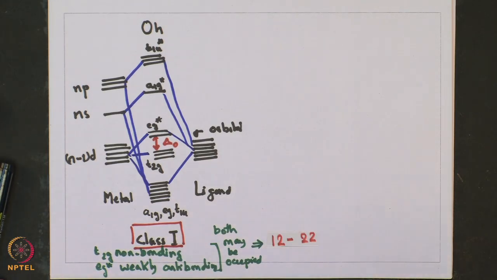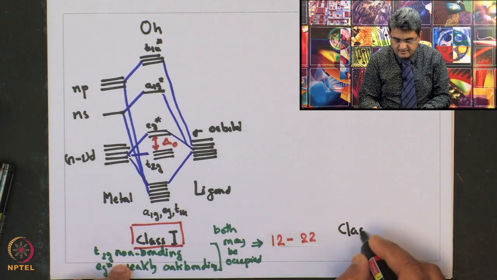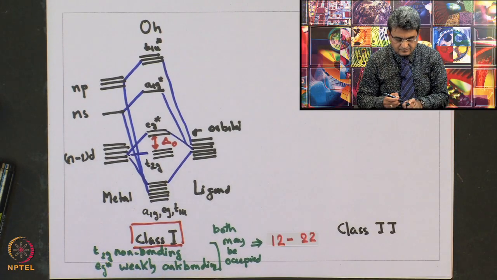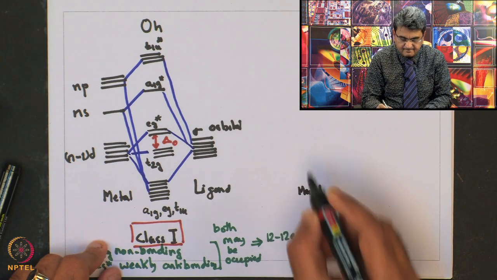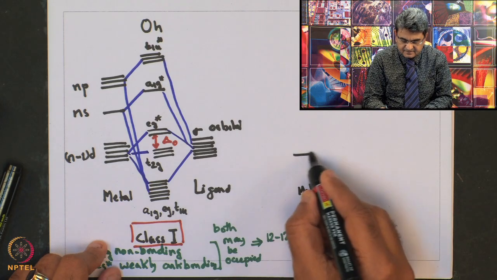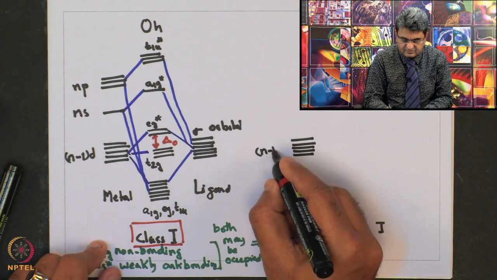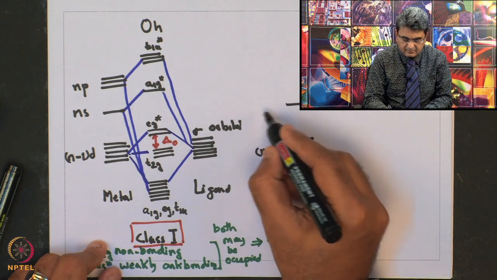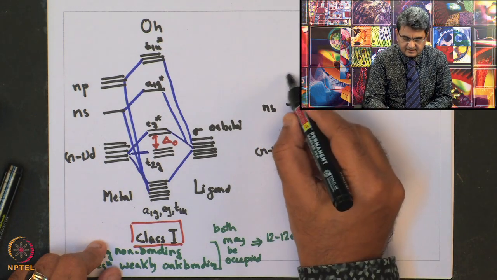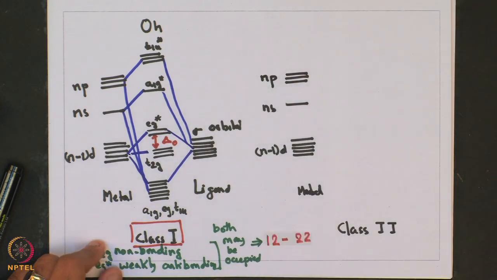With that in mind, now let us take a look at class 2 type of complexes. Here also the metal has similar 5 (n minus 1) d orbitals, 1 ns orbital and 3 np orbitals.